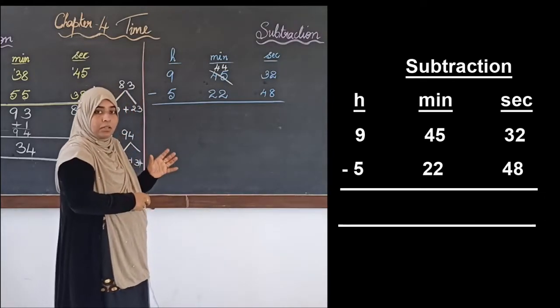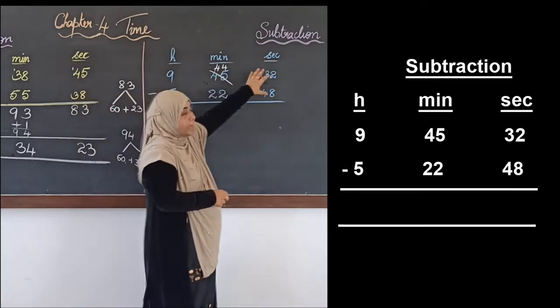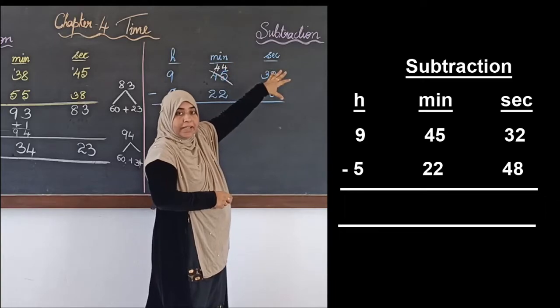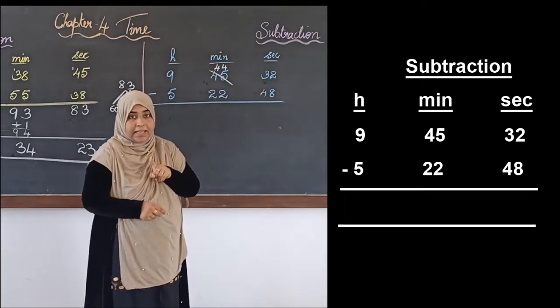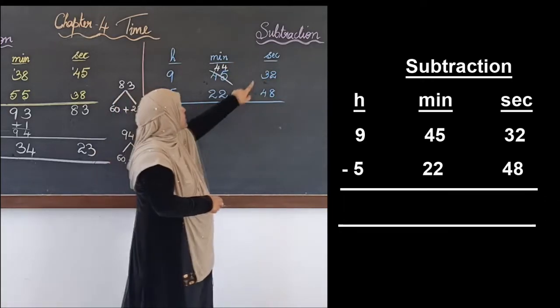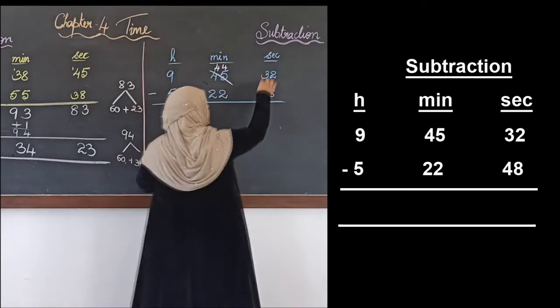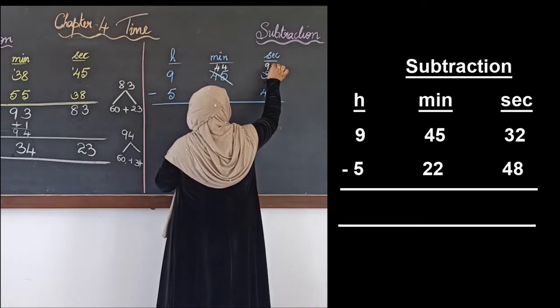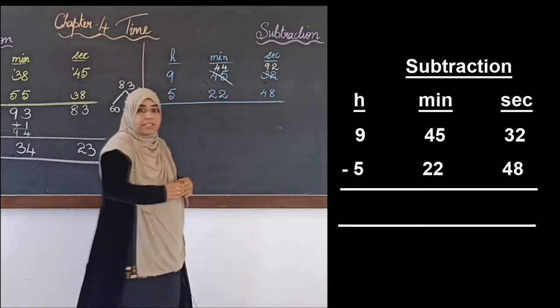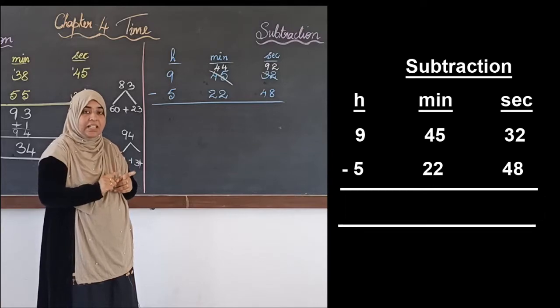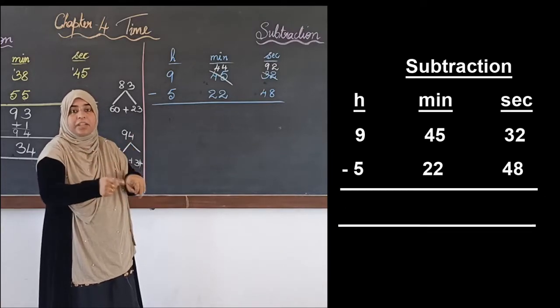Now when 1 minute comes to seconds, when we convert it to seconds, it will be 60 seconds. Now 60 plus 32 will be 92, right? What is 60? 60 is the 1 minute that we have borrowed.